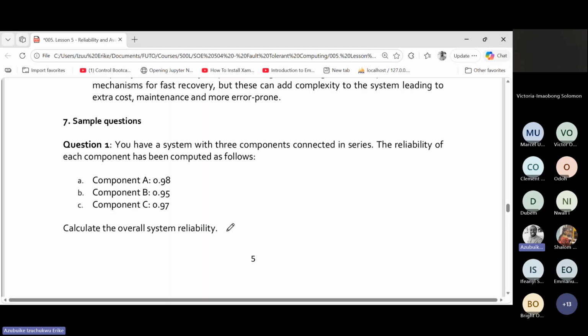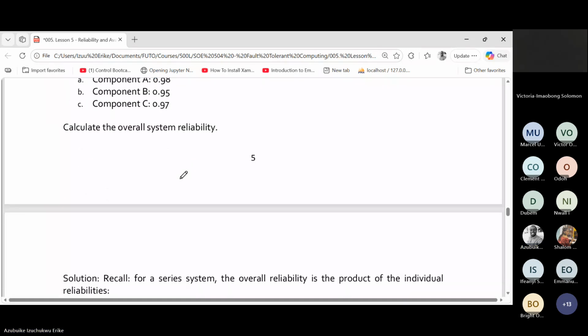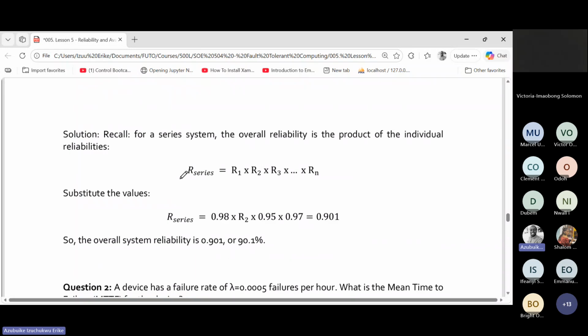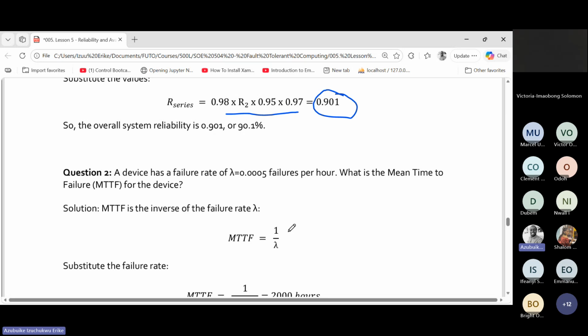I hope this one is a simple one, because it's just going to be the product of the individual reliabilities of each component. So we see the formula and the computation here. And it gives us 90.1%.